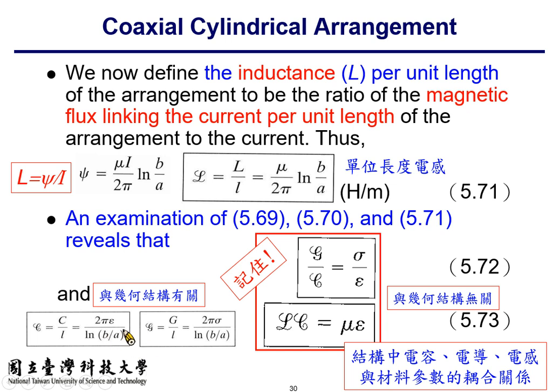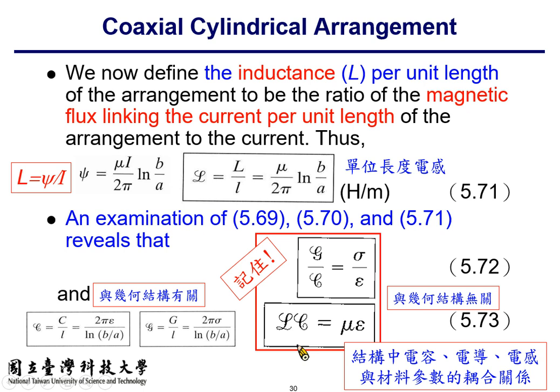They are all related to the geometry, that is log of B over A, and to material properties, which are epsilon, sigma, and mu, respectively. If you take the product of L with C, the product of inductance and capacitance, you end up with mu times epsilon.